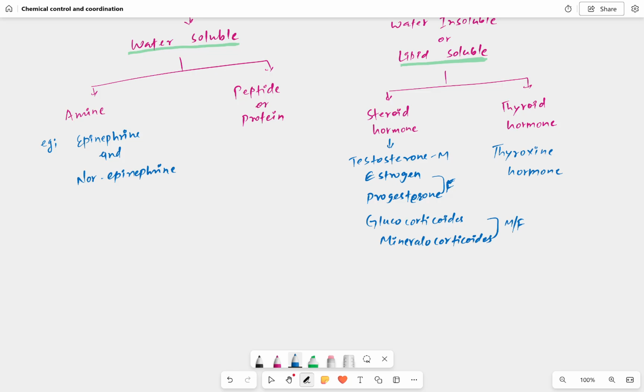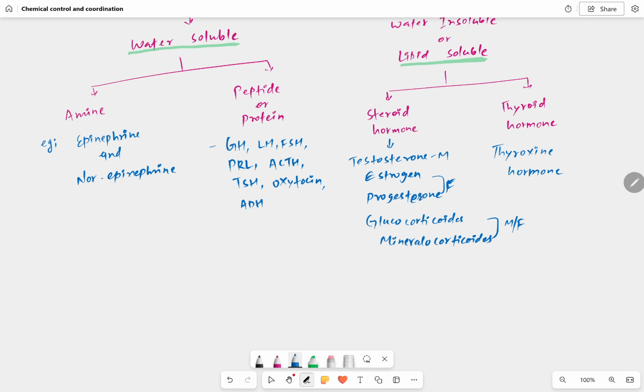Now the rest of the hormones are of peptide or protein nature, like the anterior pituitary hormones: growth hormone, LH and FSH, which are the gonadotropins, prolactin, ACTH, TSH. Oxytocin is from the posterior pituitary, and ADH or vasopressin.